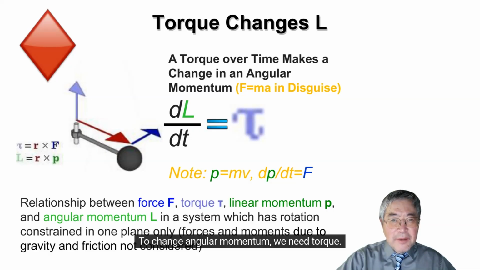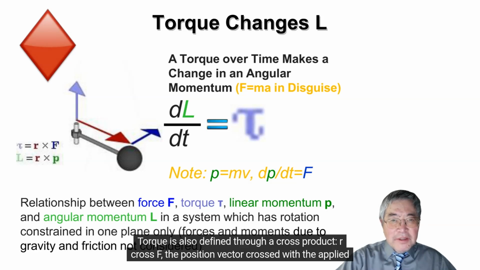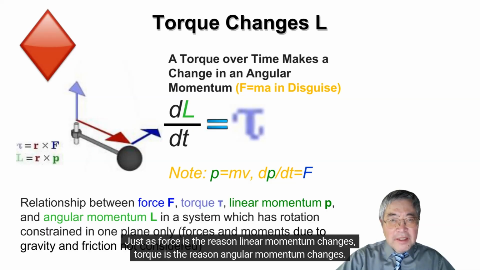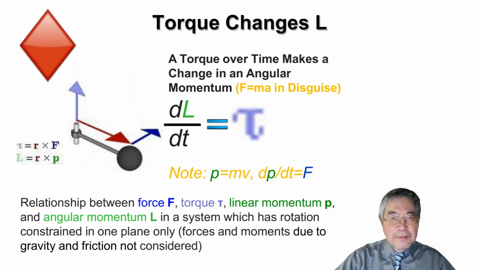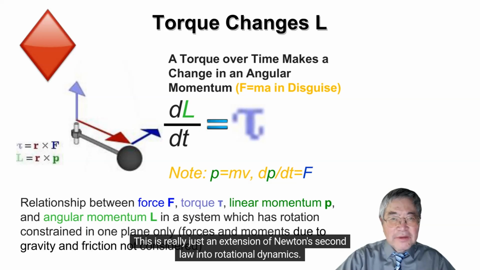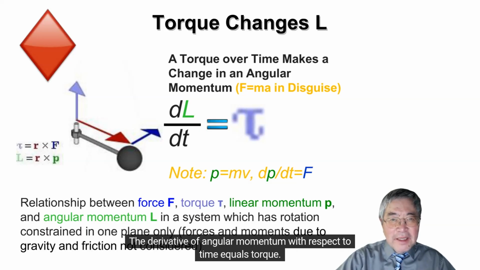To change angular momentum, we need torque. Torque is also defined through a cross product, r cross F, the position vector crossed with the applied force. Just as force is the reason linear momentum changes, torque is the reason angular momentum changes. This is really just an extension of Newton's second law into rotational dynamics. The derivative of angular momentum with respect to time equals torque.